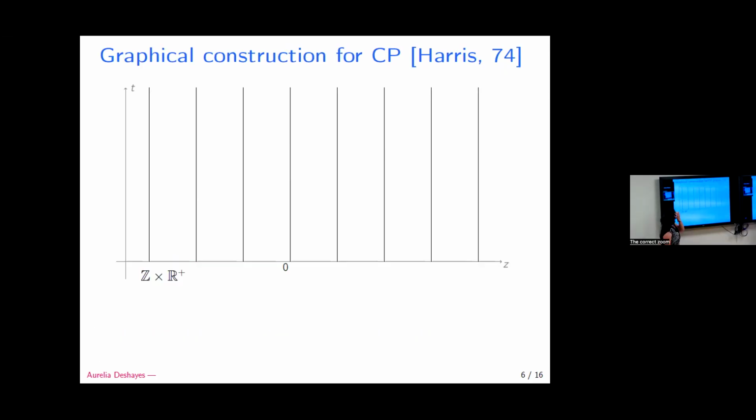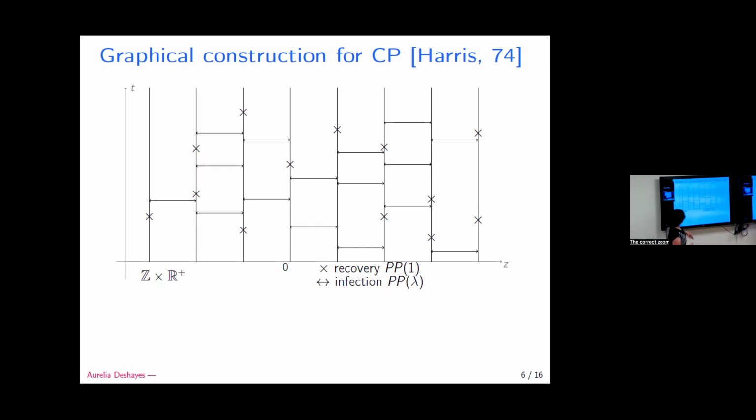So the construction is, in each site, you put a Poisson process of rate 1, which indicates the potential death or recovery. Okay, so all vocabulary, sorry. And in each edge, you put an arrow which represents the potential infection.